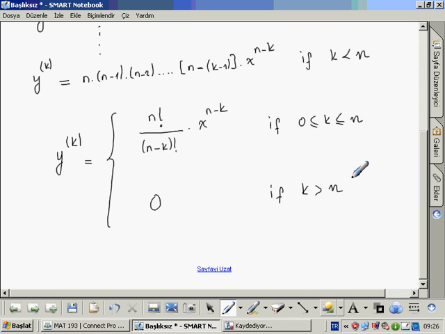This is the general power rule for the kth derivative.